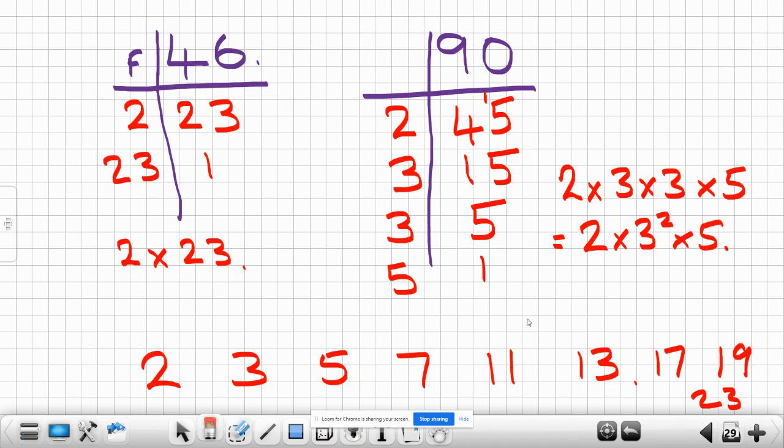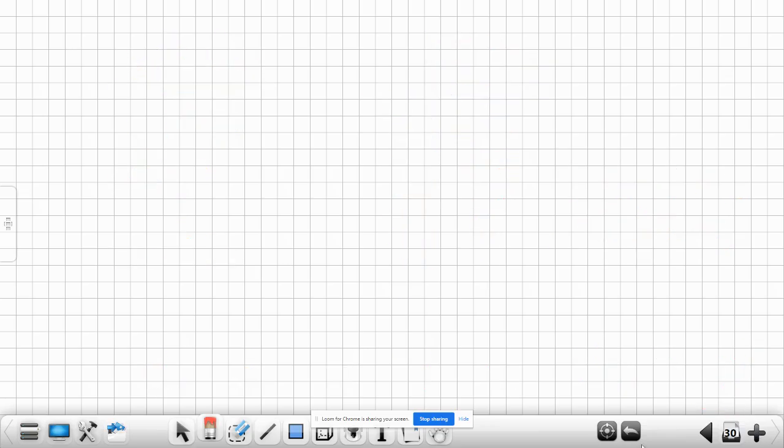So that is how you write a number as a product of its primes. Now, I said to you about this thing about finding the 3's. Don't worry if that doesn't make sense, but it definitely helps if you know your times tables. Let's do 2 more, and this time pause the video and have a go at doing them yourself.